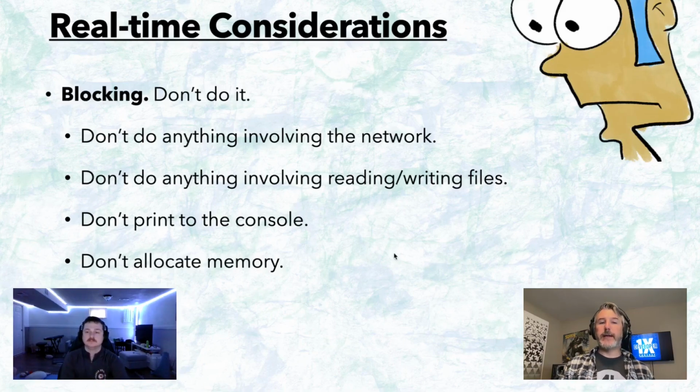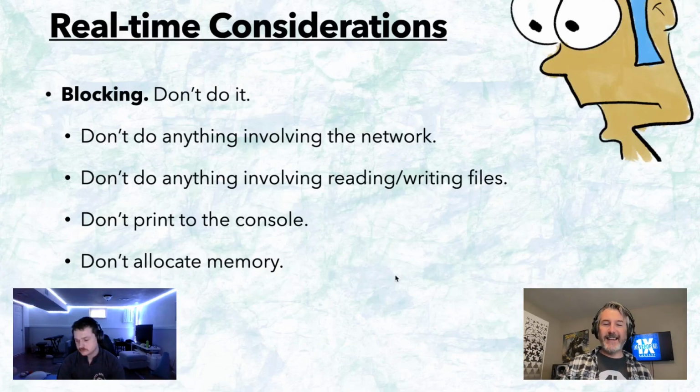But the big one, and the one that to me was not super intuitive, was that you can't allocate memory. Allocating memory is a blocking operation that cannot be completed within a deterministic amount of time. The operating system can give you back that chunk of memory depending on what else it has going on.